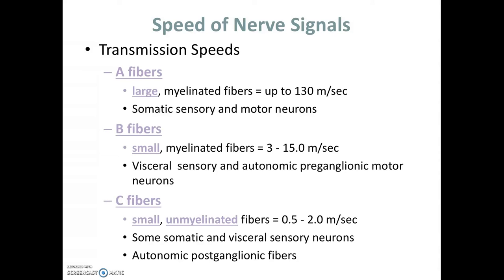C fibers are the slowest, and they are small and unmyelinated, and they travel at half to 2 meters per second. These are some somatic and visceral sensory neurons and autonomic postganglionic fibers.